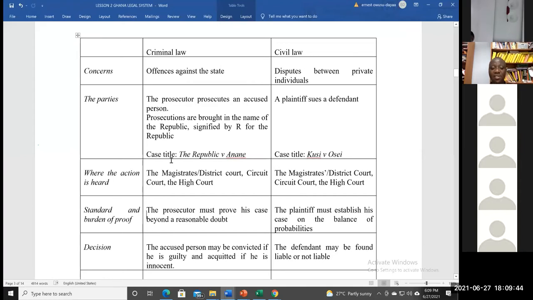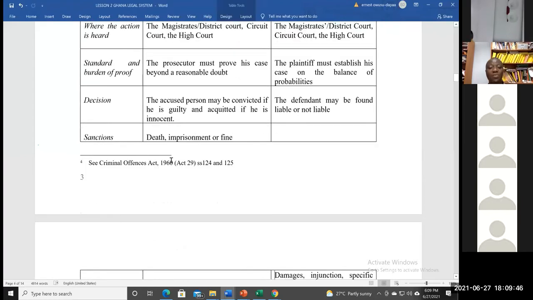Now, in terms of decision, what is likely to be the outcome of the criminal case? The decision may be that the accused is convicted if he is guilty, and acquitted if he is innocent. But for a civil case, the defendant may be found liable or not liable.